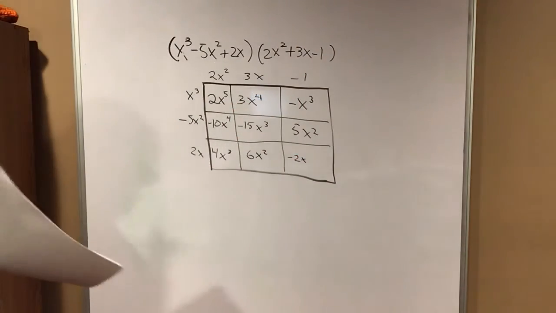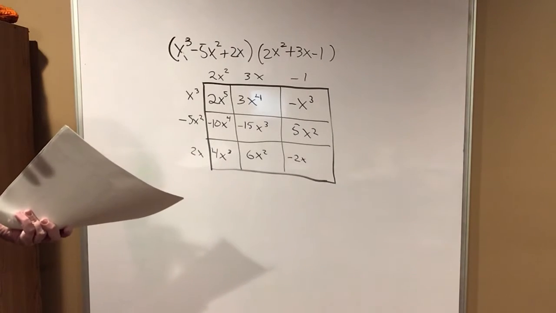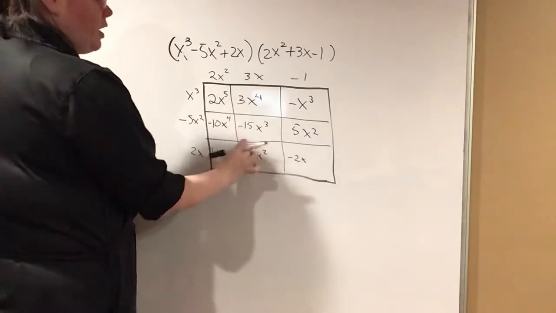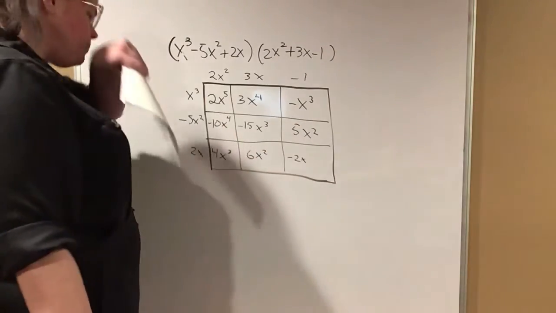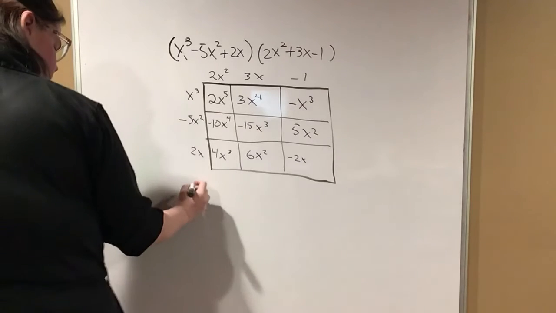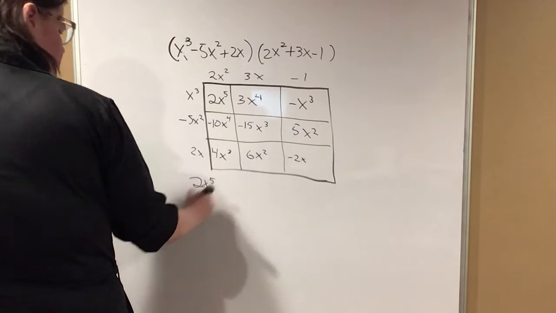Now, I have all of my numbers and my x's, and I'm going to combine my like terms as I write them, because this is a like term, these 3 are like terms, that's a like term. So I start here. I see that my 2x to the 5th is not a like term, so it's the beginning of my equation.